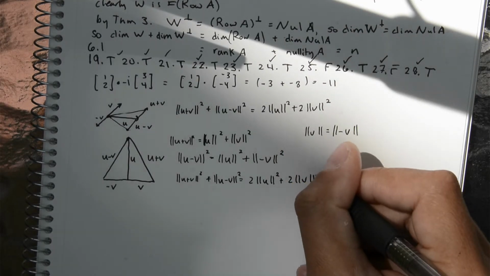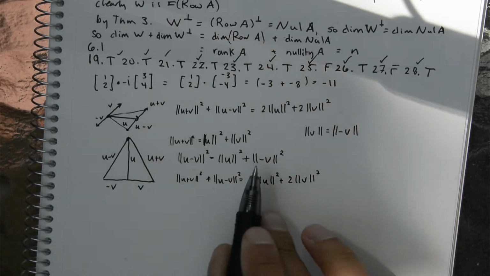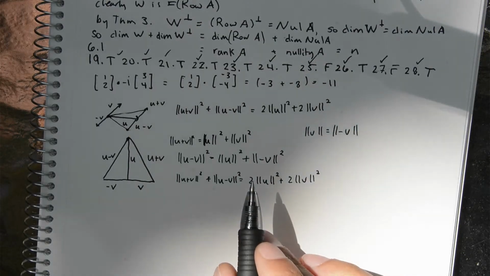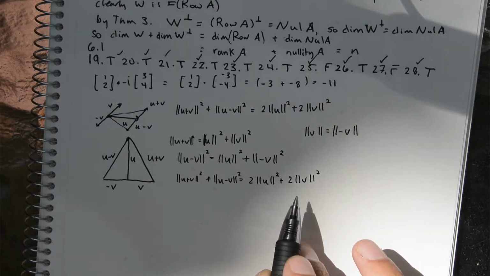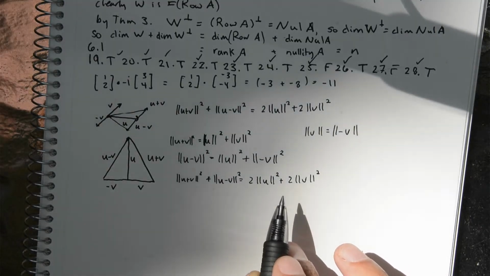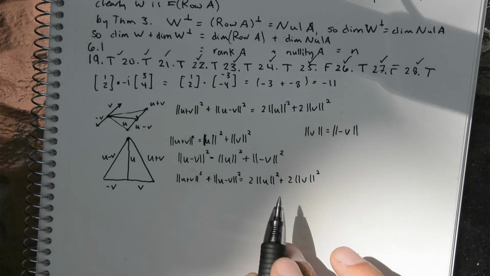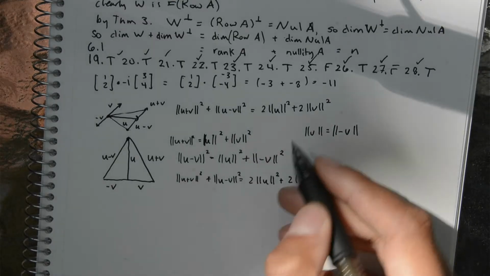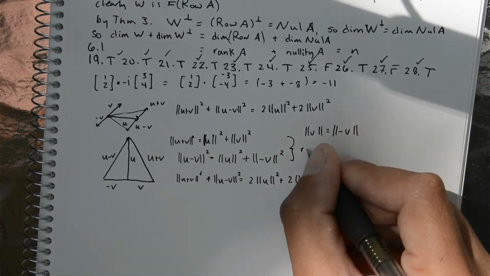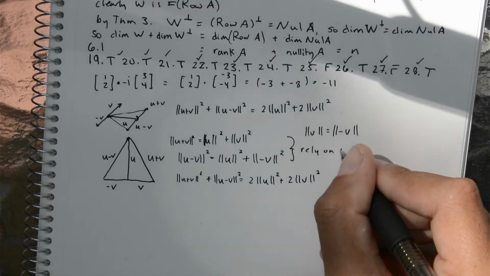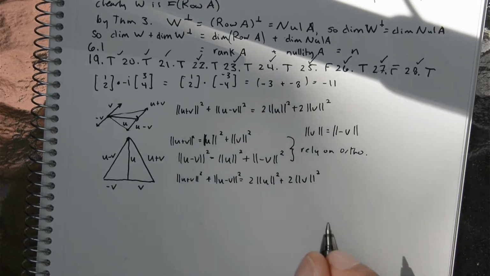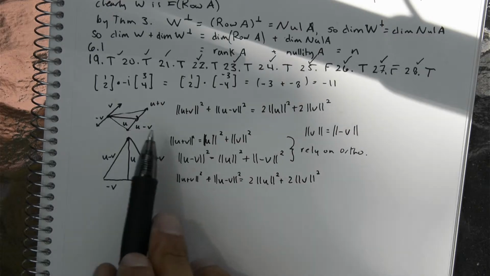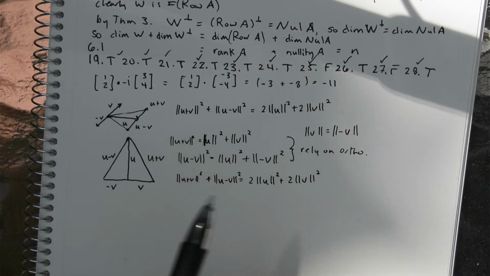But I think there's a logical gap here, because you can't just do this. In the case that they're orthogonal, it's fine, because these identities hold. So these rely on orthogonality. So you can't just do that. You need a different strategy to prove it in the non-orthogonal case.